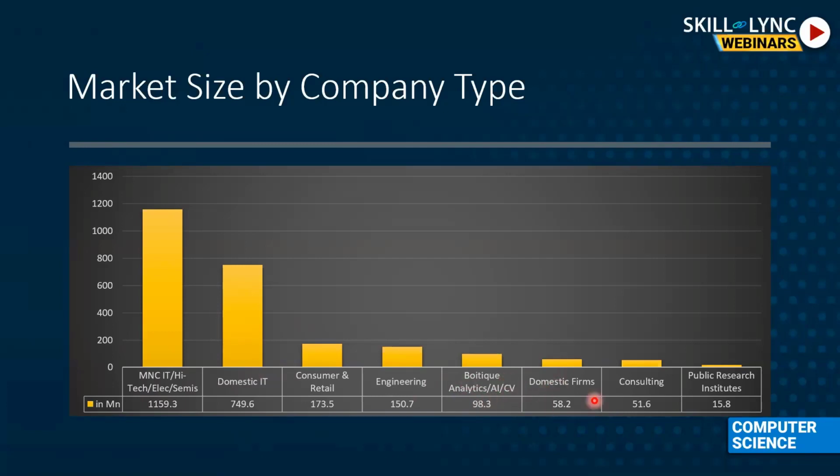Then there are some domestic firms, consulting firms, public research institutes, and even the universities come under the public research institutes. So mostly MNCs in India hire computer vision engineers, but it's not just limited to the MNCs. It can also happen in retail or consulting firms, or in education.